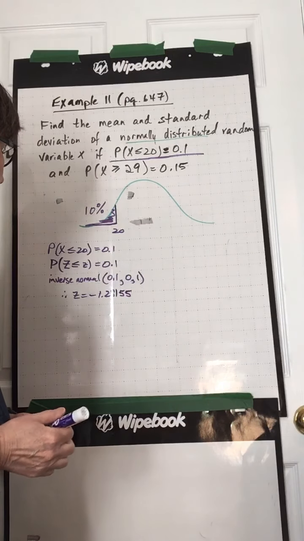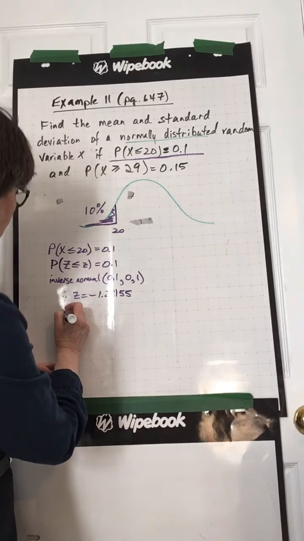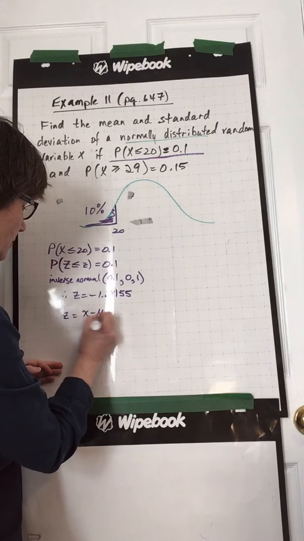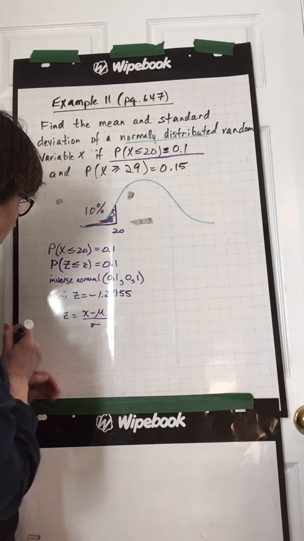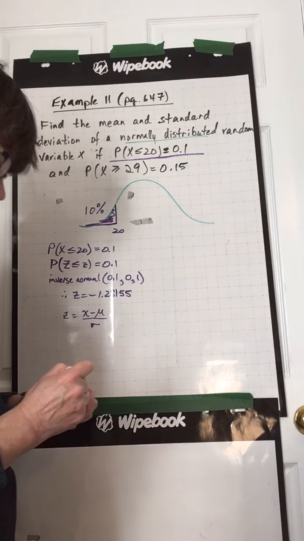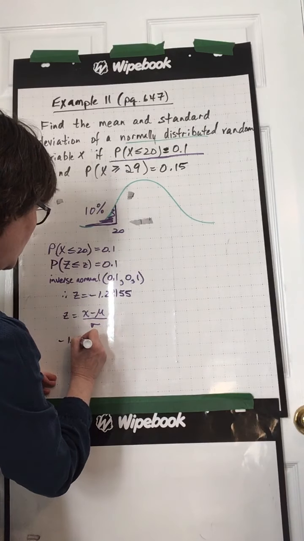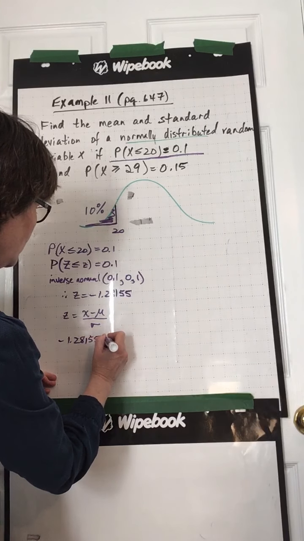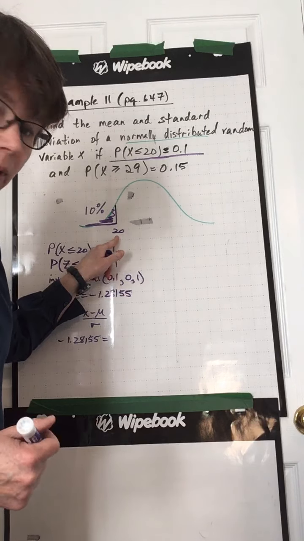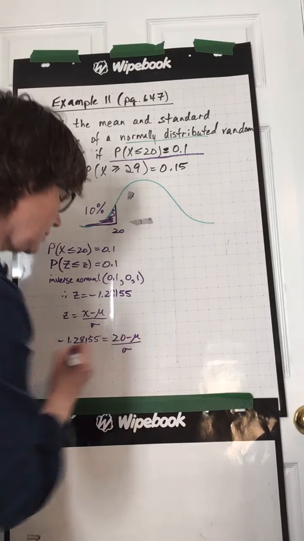All right, so now we will have one equation. We will have z equals x subtract mu over the standard deviation. We can put in what we want, and we'll have negative 1.28155 equals the x value we know, that's 20, subtract mu, over sigma.